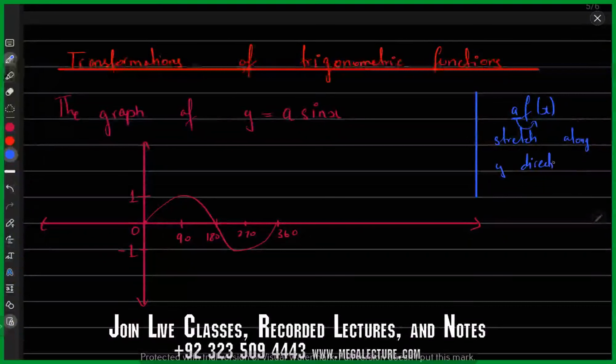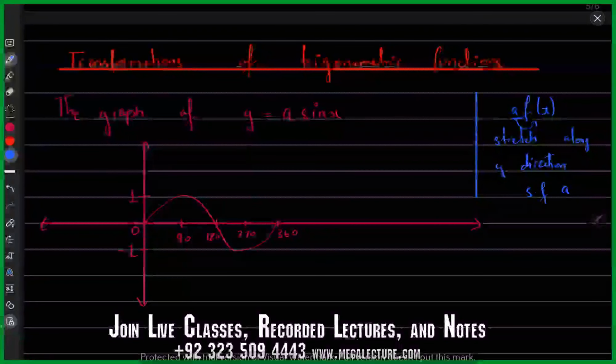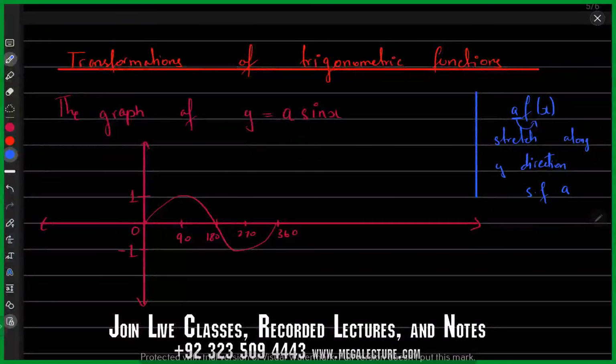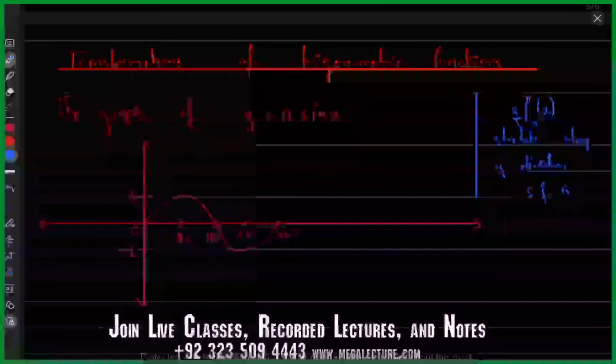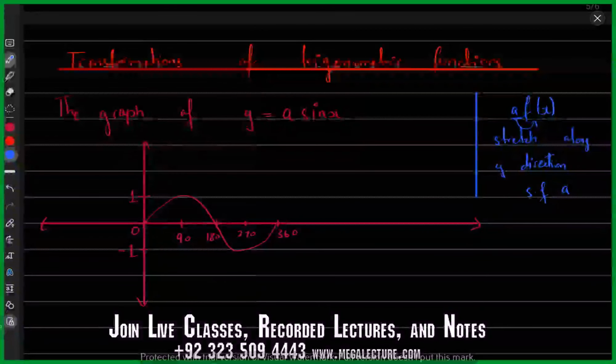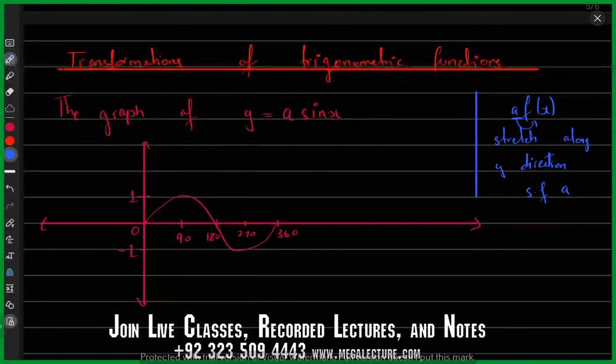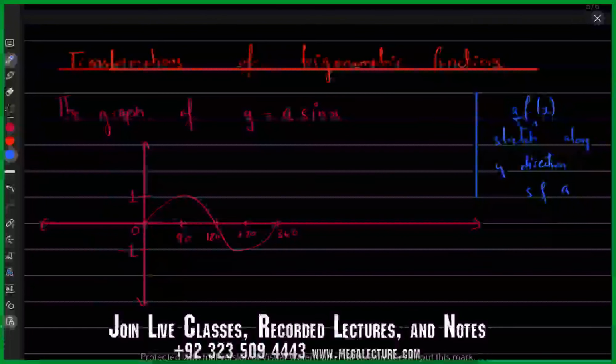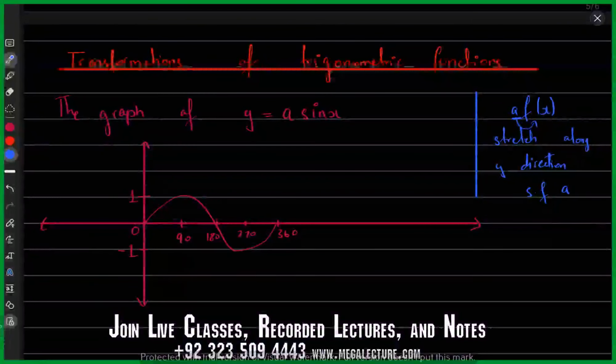You can say y direction, you can say y-axis, both are fine. And the stretch factor used to be a. If you guys remember, we have already discussed transformations of functions, right? So whenever a number was being multiplied with the function, the graph was basically stretching along the y-axis and the scale factor was basically a, right? Whatever number we were multiplying.